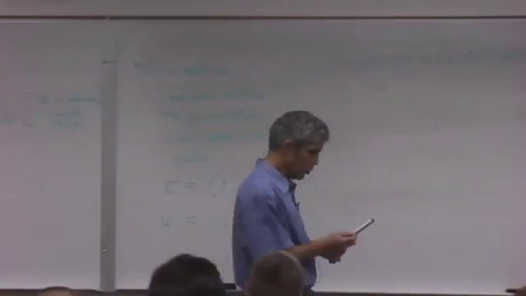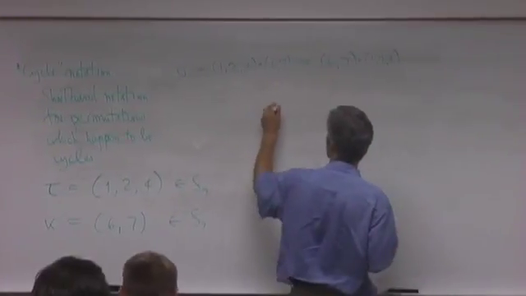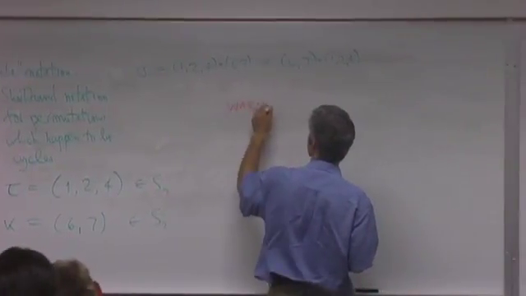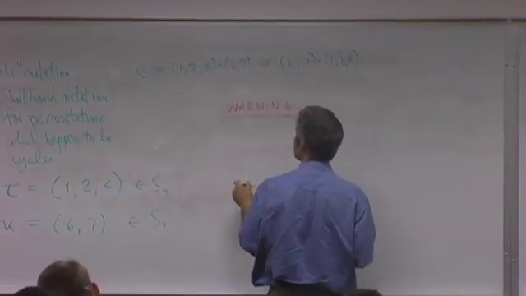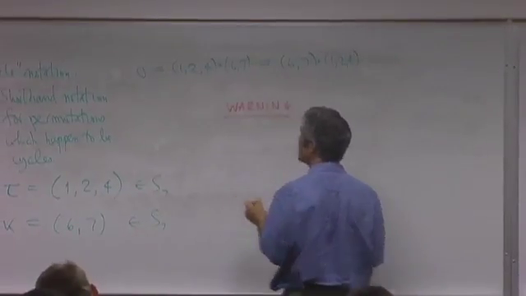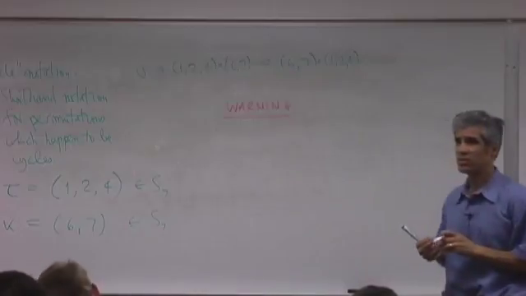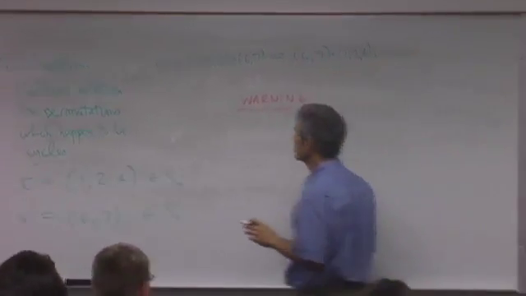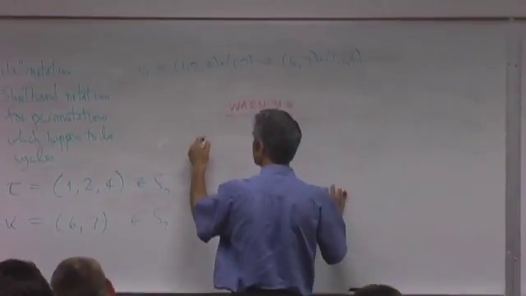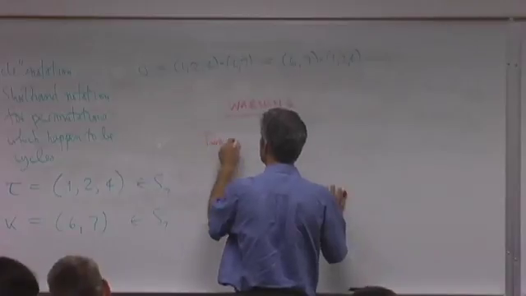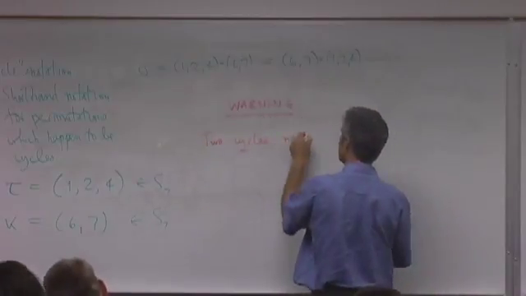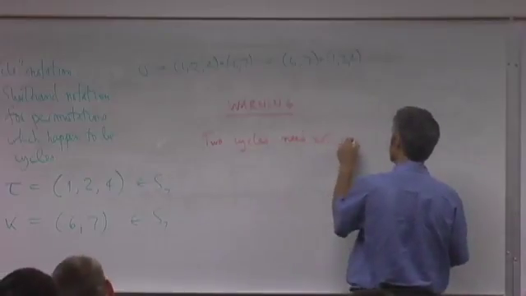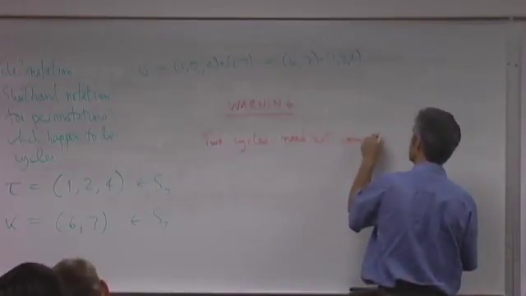Okay, so warning. If I simply hand you 2 cycles that aren't necessarily disjoint, they may or may not commute. So 2 cycles, not necessarily disjoint, need not commute. 2 disjoint cycles commute.